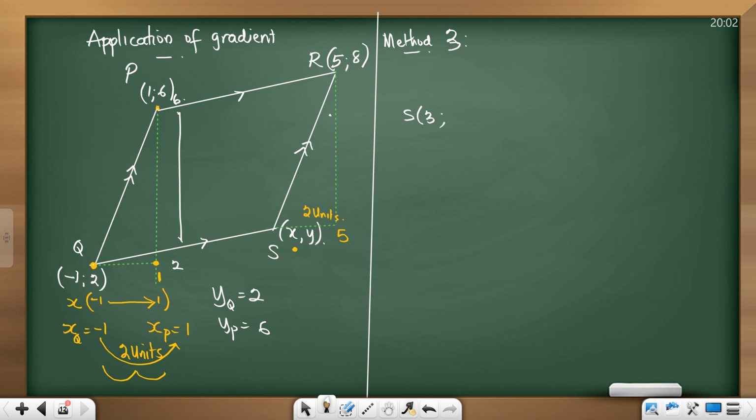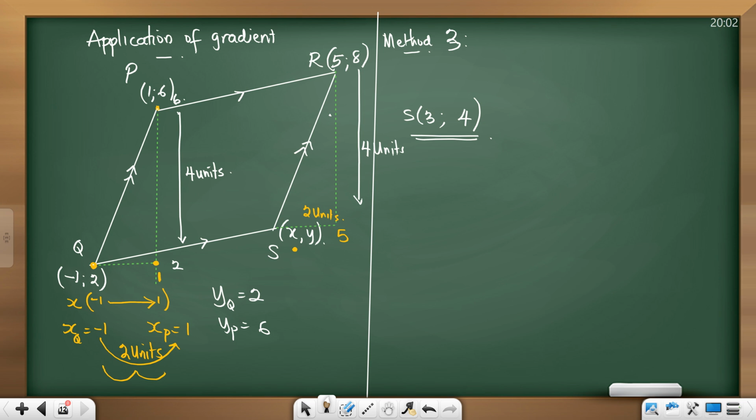Anyway, if I'm coming down, how many units should I need to come down? 4 units. Does that make sense? From top 6 down to 2 units. I need to come down how many units? 4. Can we come here to R and also come down 4 units? What is 8 minus 4? 4.